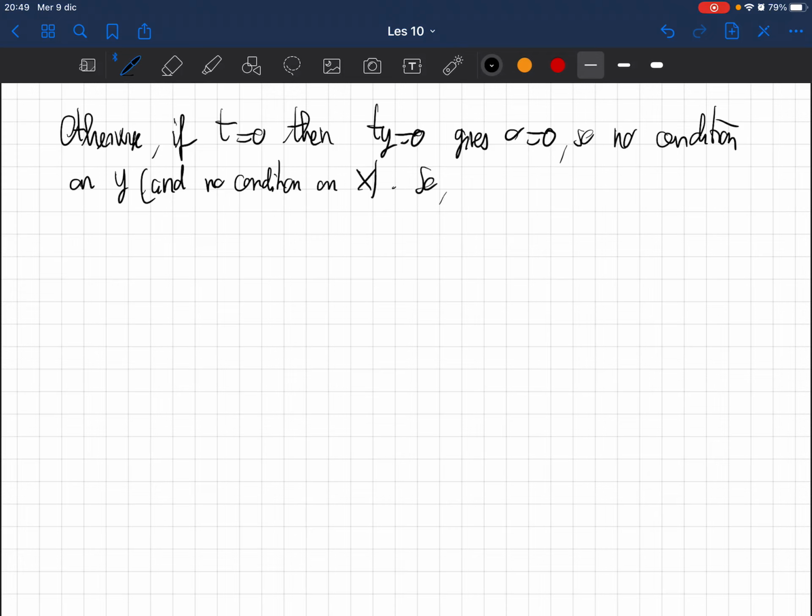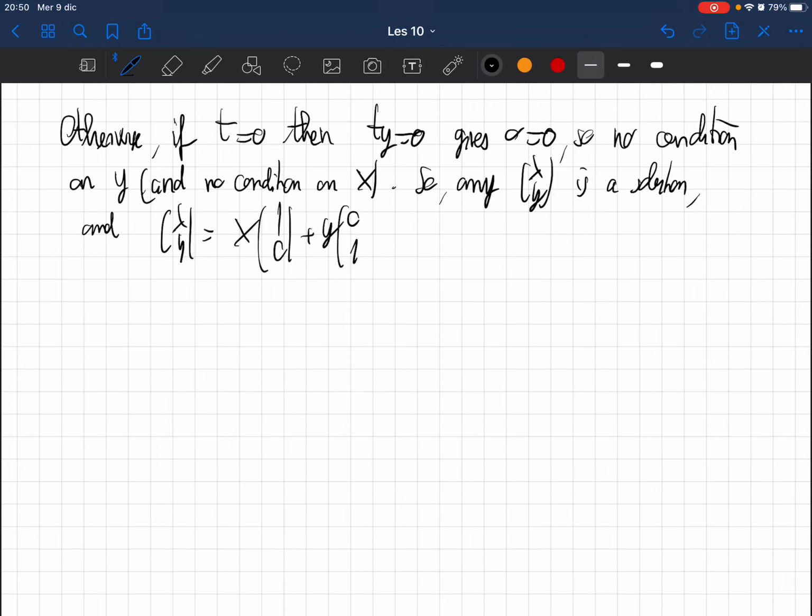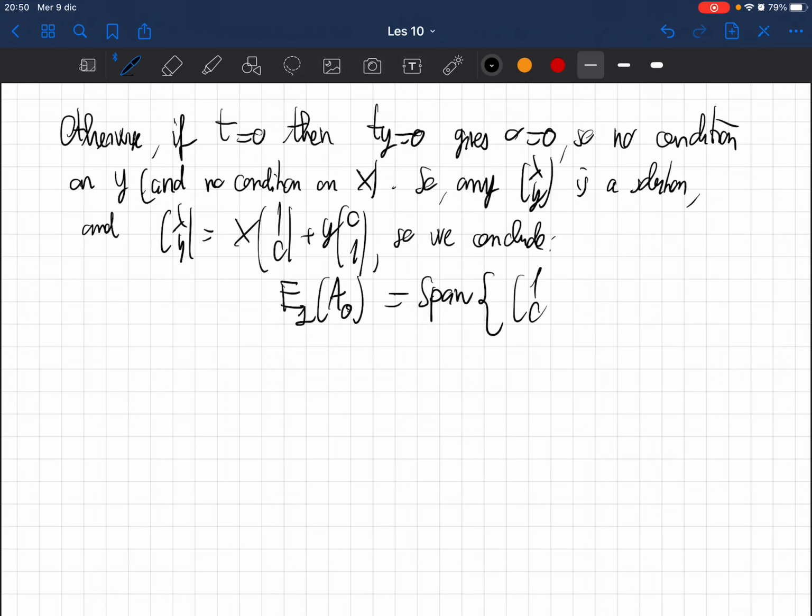So any x, y is a solution, and of course you can write this and this. So we conclude E1 of A_0 is equal to the span of (1, 0) and (0, 1). Very good.